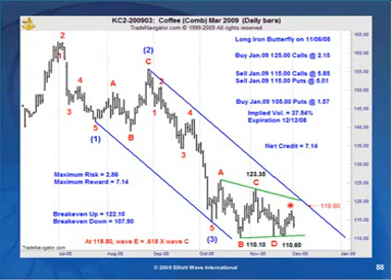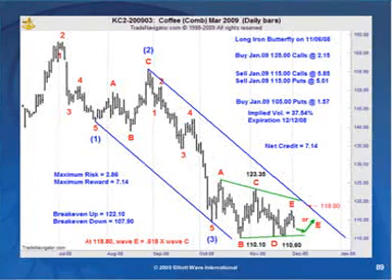But on the other hand, we don't want to risk this breaking out of the triangle and going to the downside. And we see here a couple of scenarios. It's possible wave E ended here with a failure in the C of E, or maybe wave E is going to make a triangle within the triangle. That's what I'm trying to show here. So these are the possibilities.